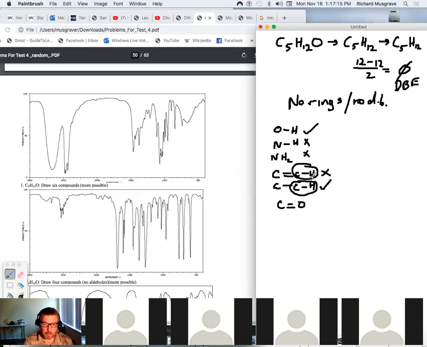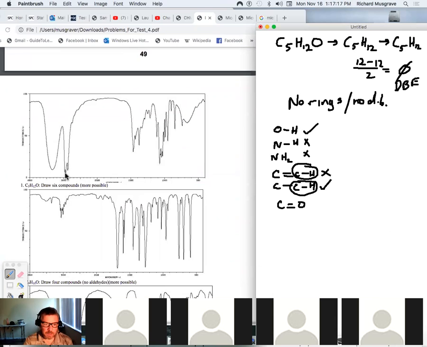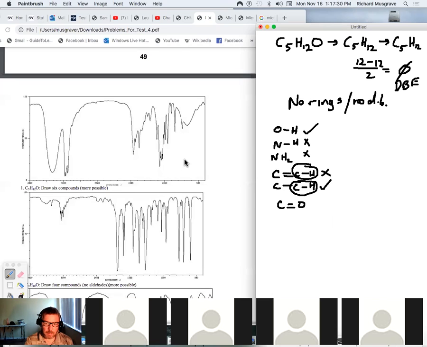That would mean that both of those were present. But since this one doesn't straddle 3000, we've only got alkane, but not alkene. Does anybody have any questions? Okay, just for kicks, I'll add a couple more little notes here.